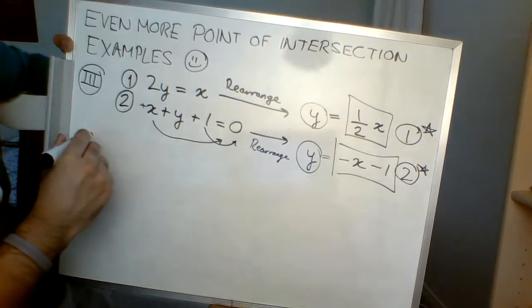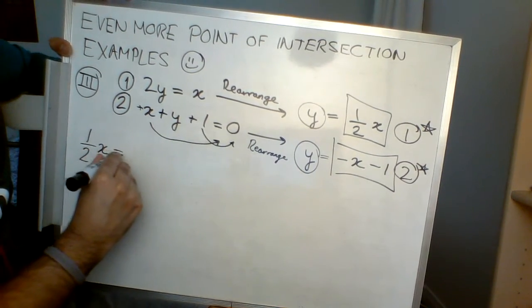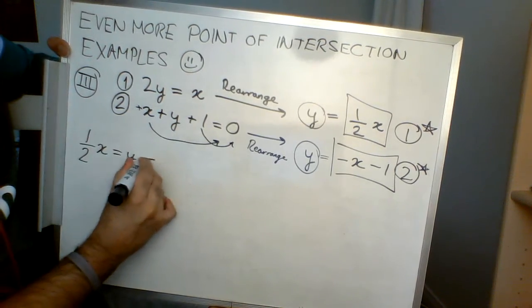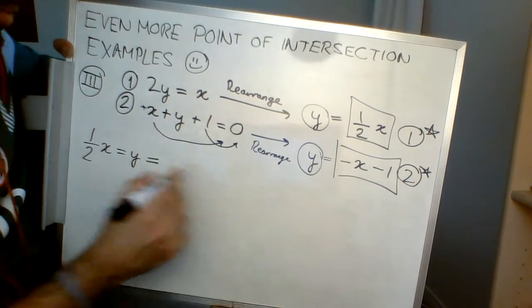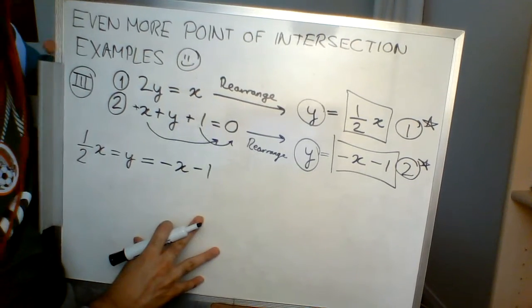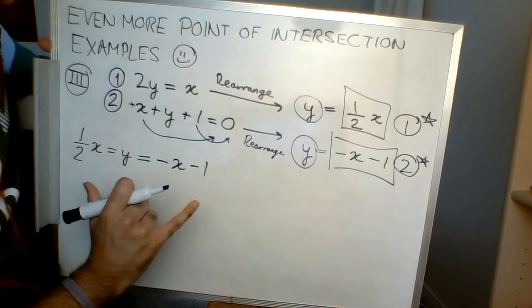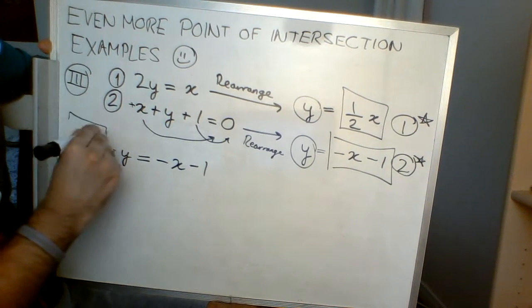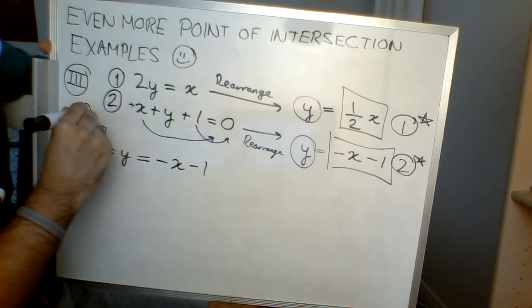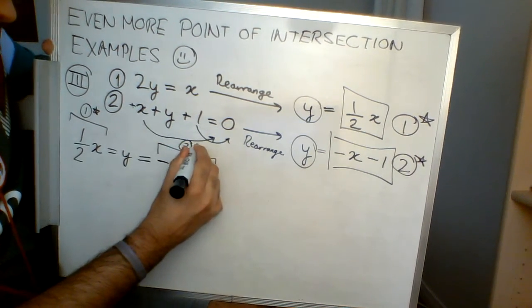So from our new equation 1, we get that 1/2 x is equal to y. And then from our new equation 2, we know that y is equal to negative x minus 1. So I can put that all in one line right over here. This first part is from the new equation 1, and this part is from the new equation 2.